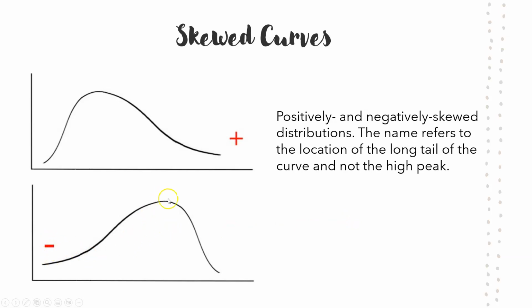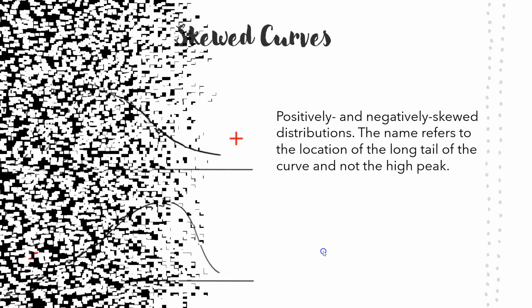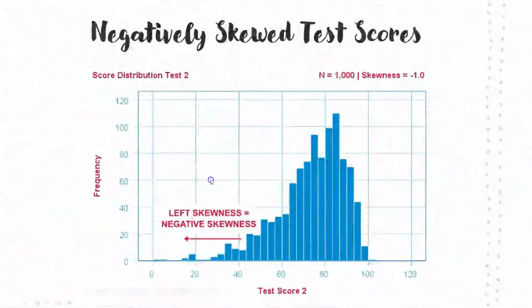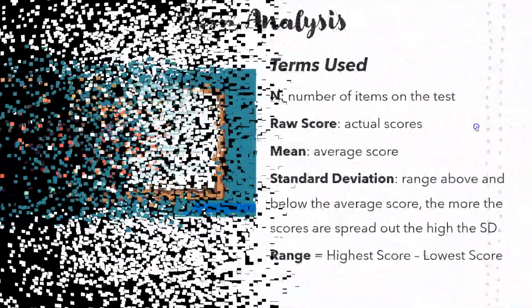This is where the peak of the results will fall, the high is like 100, and this is where those that didn't do as well on the test will fall. Here's an example of a test. Here's the score of 100. Here's where most of your students fell, a little bit above 80, and then you can see we come down. If we begin this curve here and go up, it's negatively skewed.